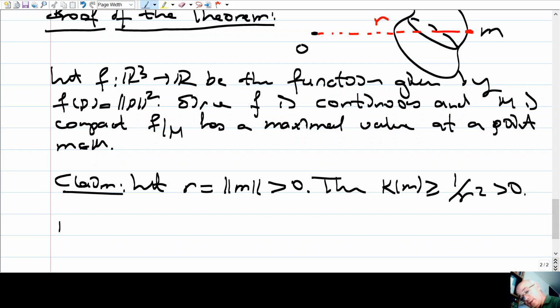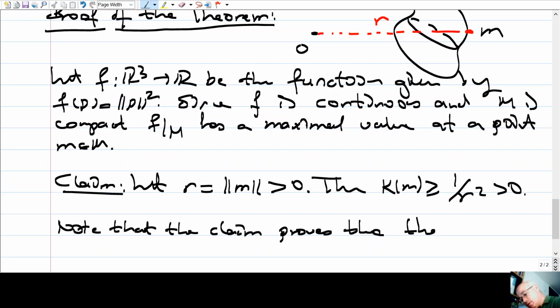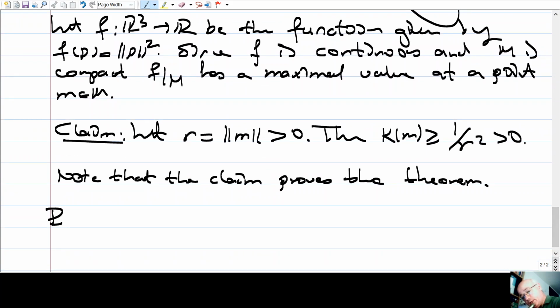Right? So note that the claim proves the theorem. Now let's see the proof of the claim.